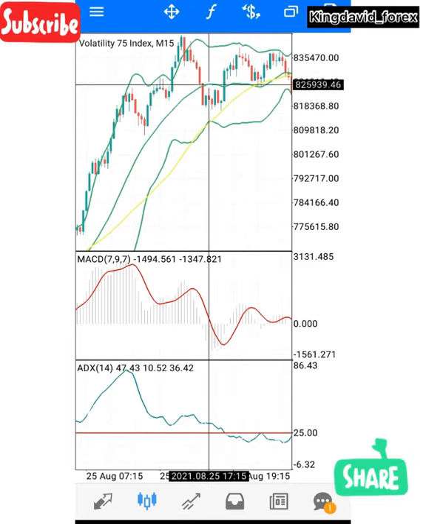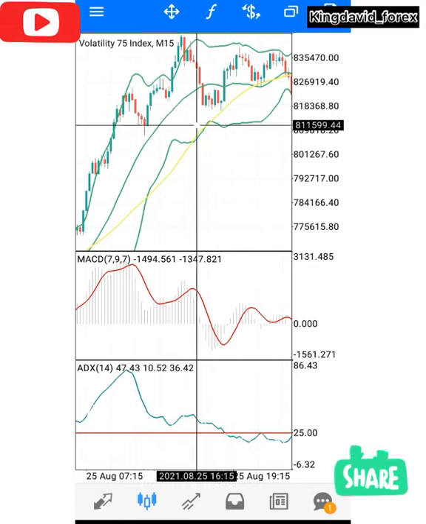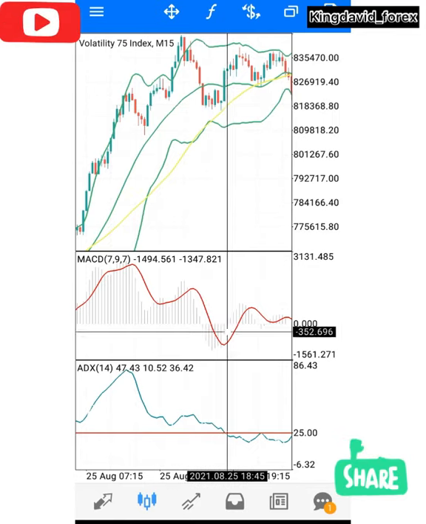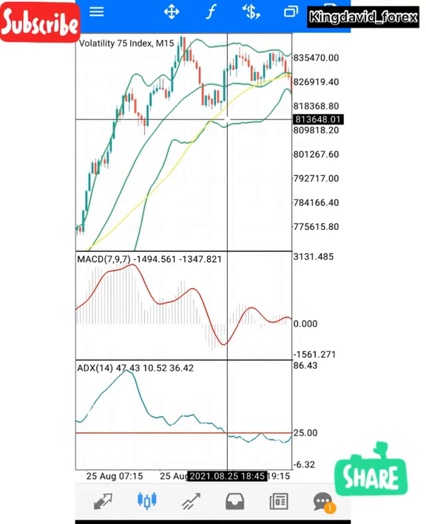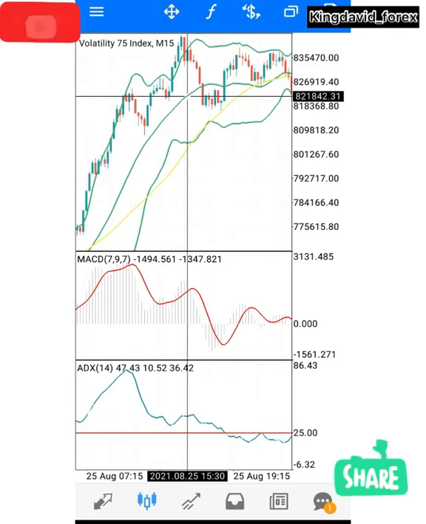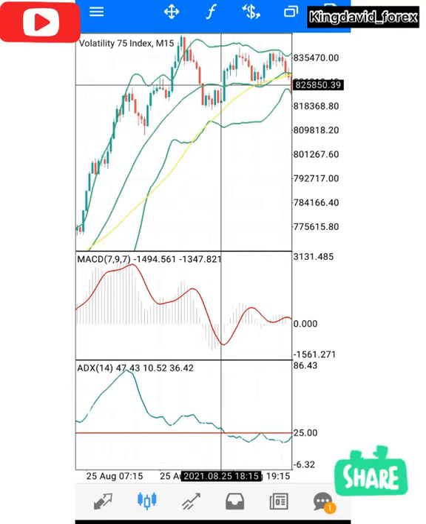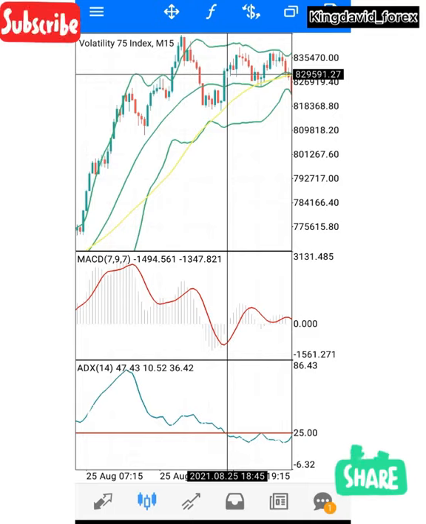Candles are currently above it, which is the opposite of the selling condition. Then the MACD is facing upward here. Let's say after this candle, the middle Bollinger Band crosses this current buy candle. Then you start buying from the next candle.